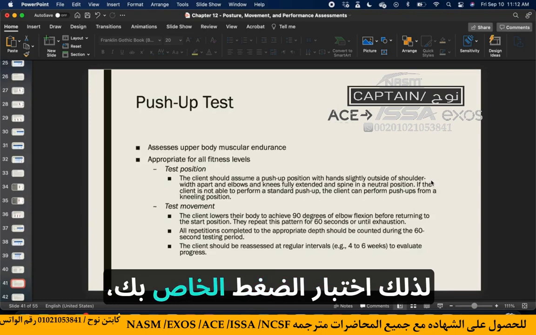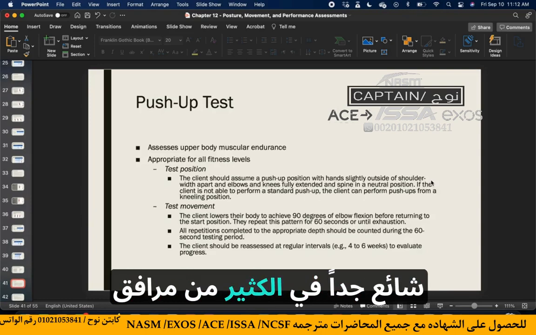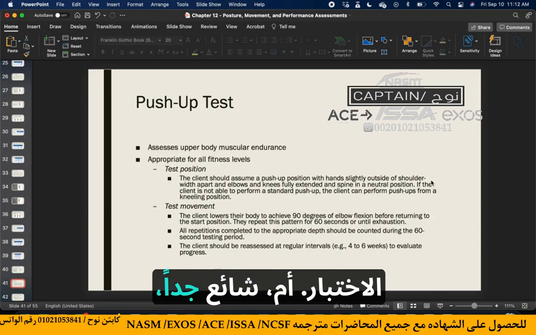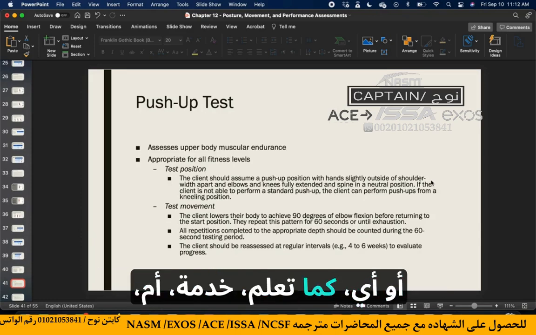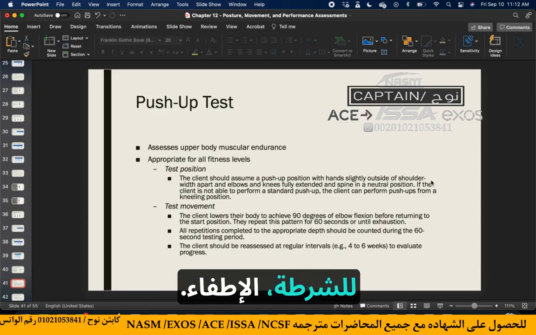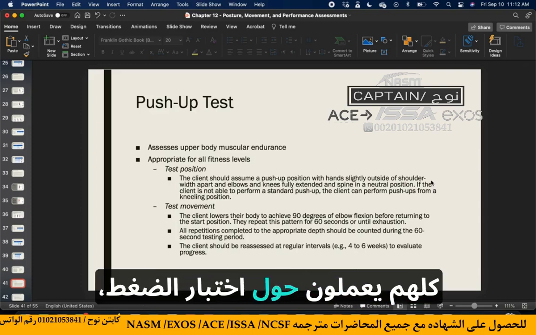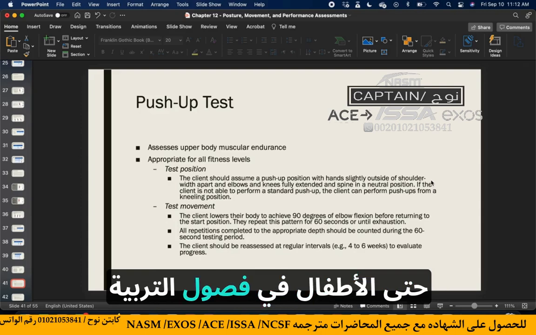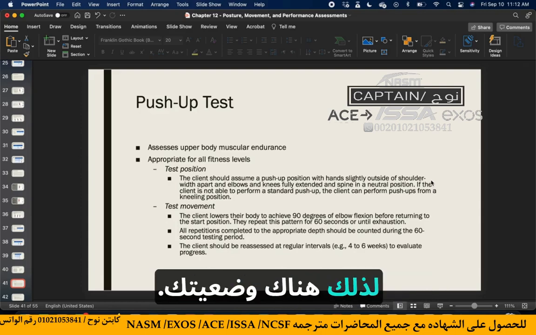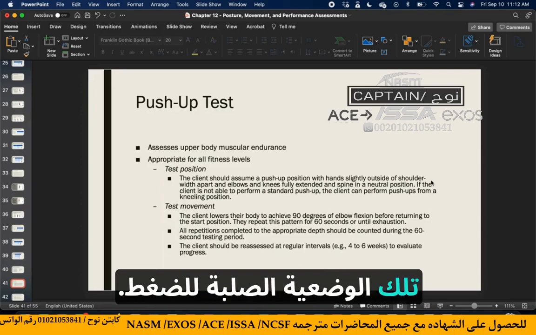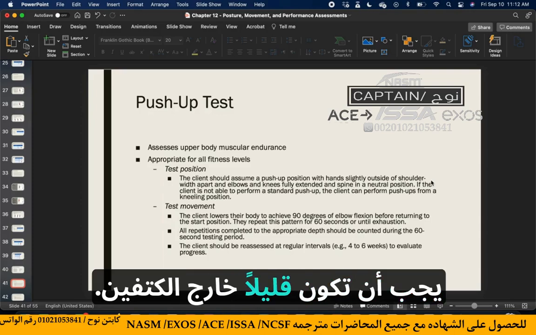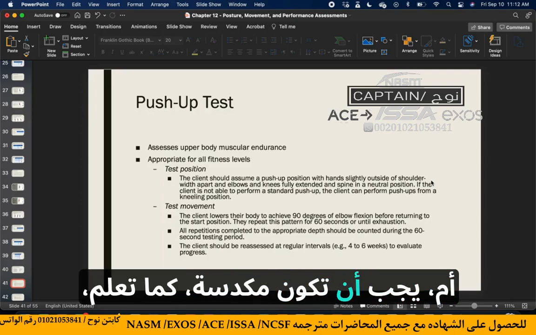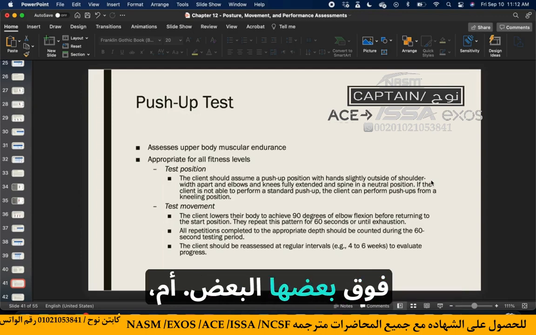Your push-up test is very common around a lot of testing facilities, very common for the Army or any service, for police, firefighting. They all work around push-up testing, even children in PE classes. So there's your positioning, working on that solid push-up position. Hands should be slightly outside of the shoulders, stacked on top of each other.